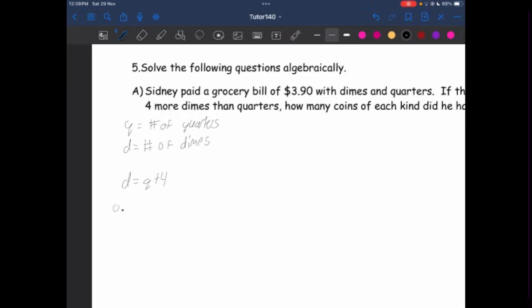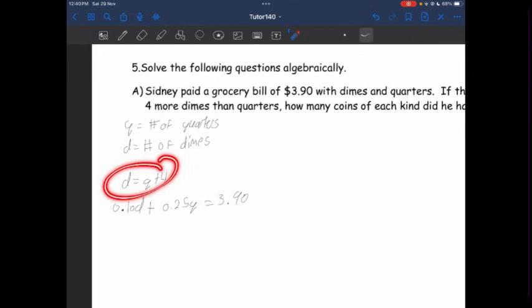So 0.10 D plus 0.25 Q is equal to 3.90. We put the 0.10 D because a dime is worth 0.10, and then 0.25 Q because a quarter is worth 0.25.